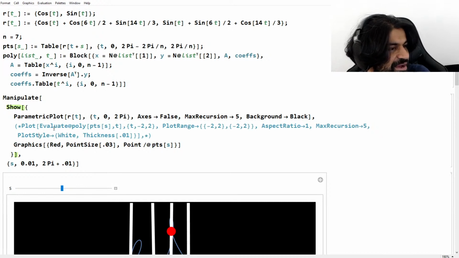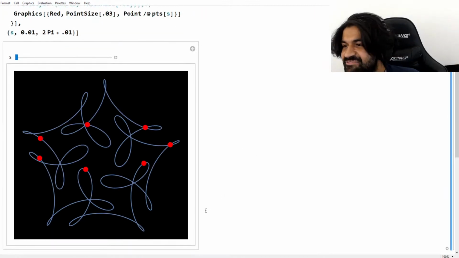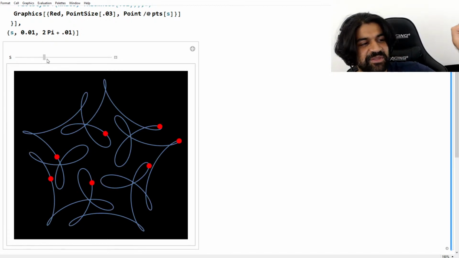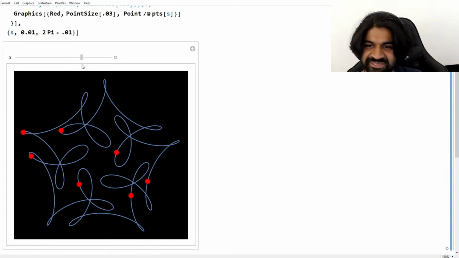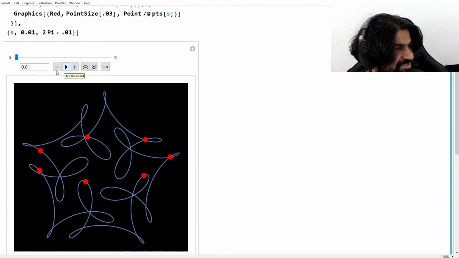Hold on, I'm giving away the reveal. So you can have 7 points just traveling around this function, and it's really neat because those 7 points always travel in an ellipse, which is really cool. So let me have them travel slowly. Let me play forward, just slow it down.